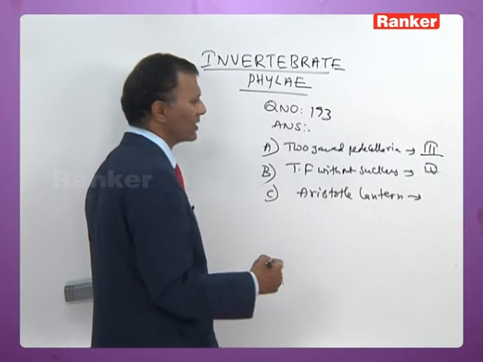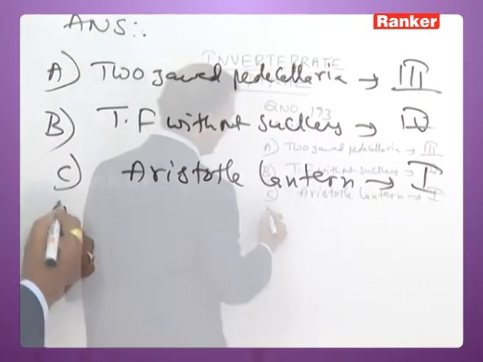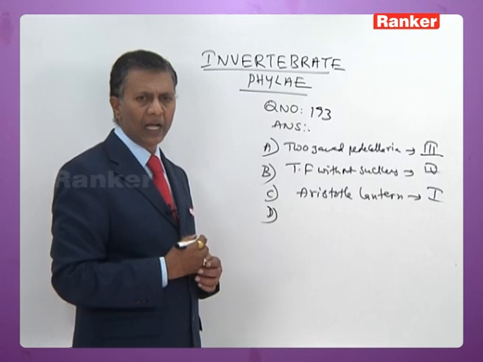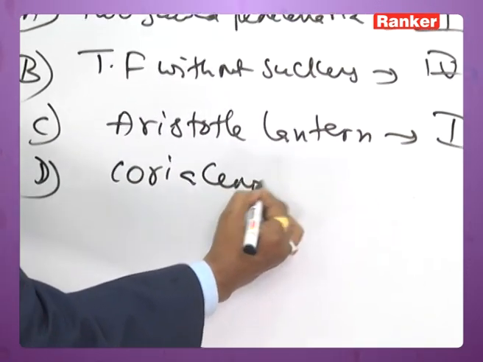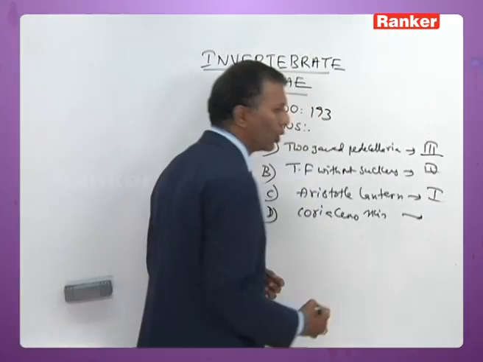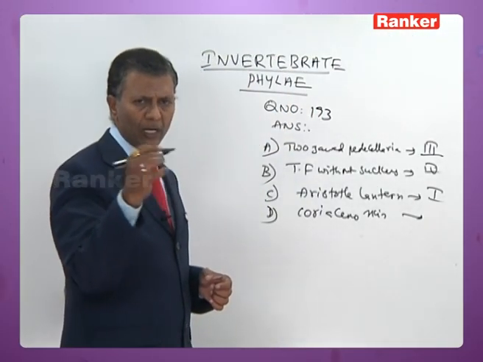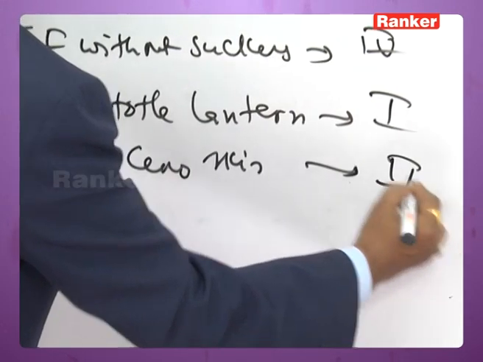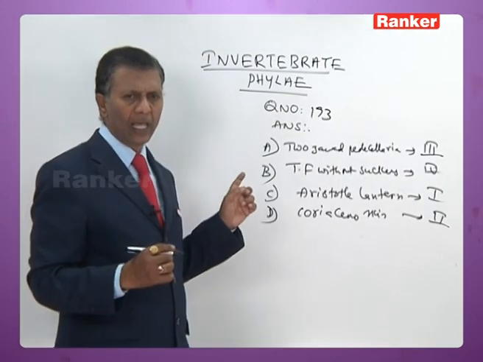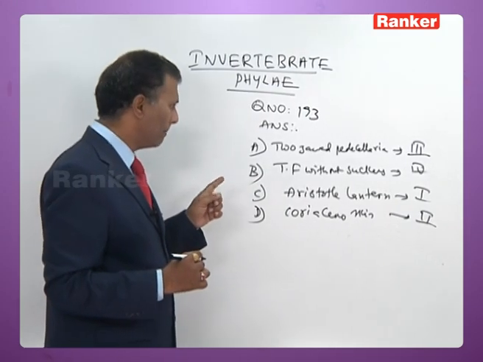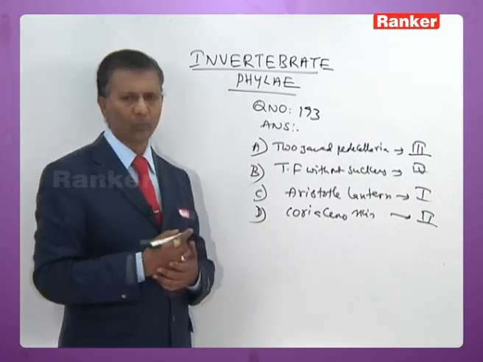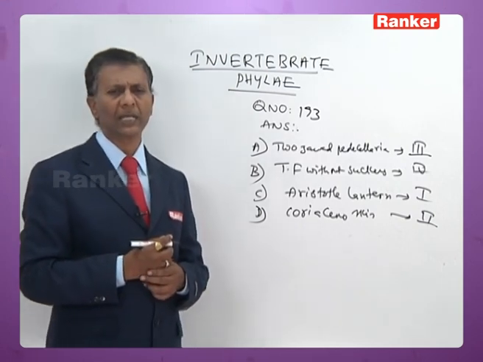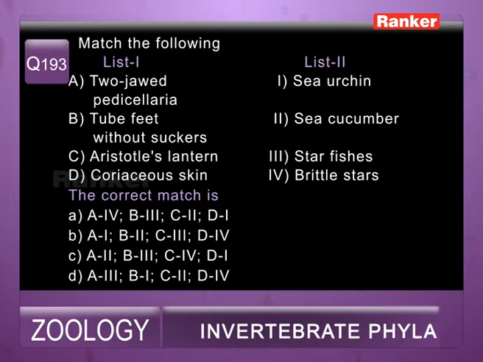So the correct answer is first one, sea urchins. Then D, coriaceous skin. As you learnt earlier, it is present in holothuridians. So sea cucumber is the correct answer, so 2 is the correct answer for this. So the answers are A3, B4, C1 and D2. This is the correct answer. So the answer is C for this 193 question. Correct answer is C.